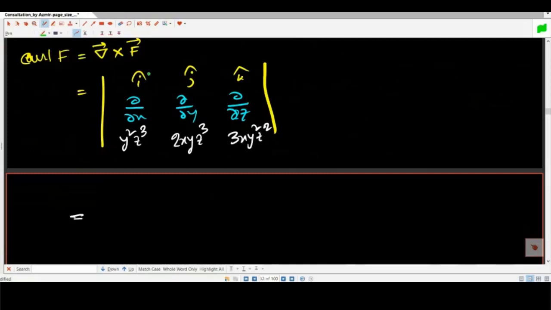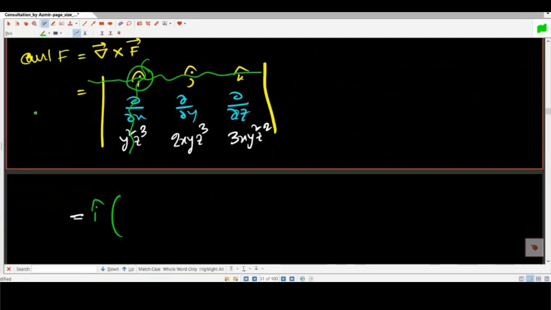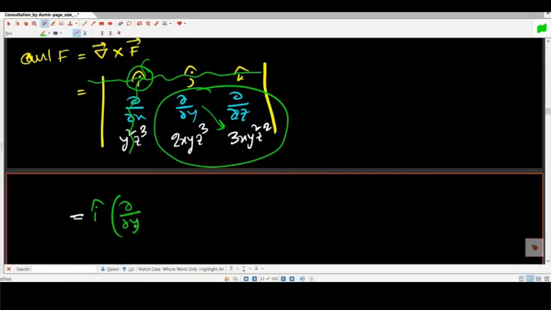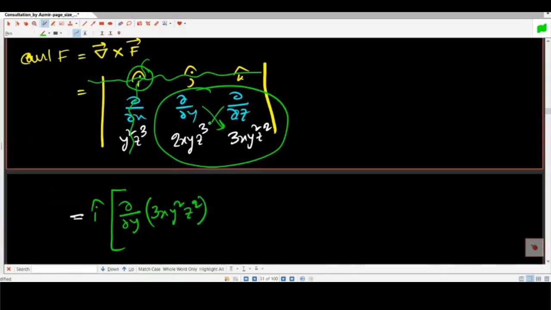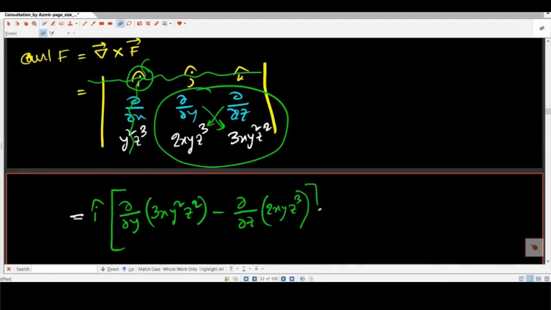First of all, let's work with i. Whenever we are working with i, this corresponding column and row will be cancelled. So the cross product of these two, we have ddy of 3x y squared z squared negative ddz of 2x y z cubed.